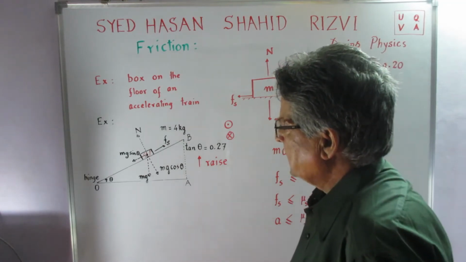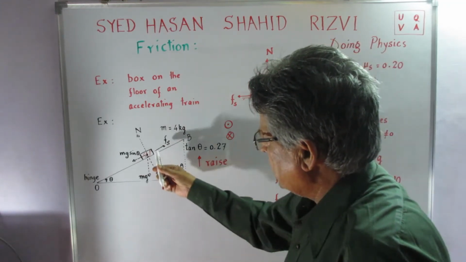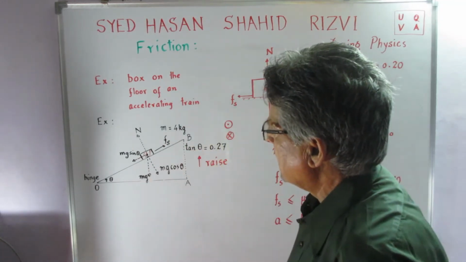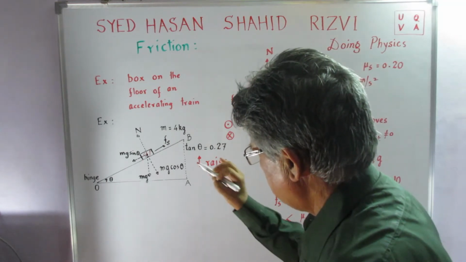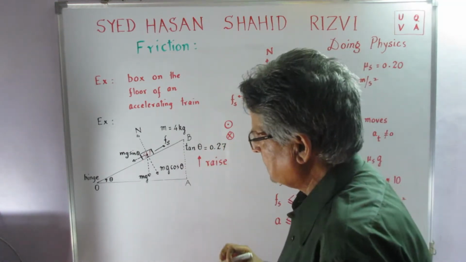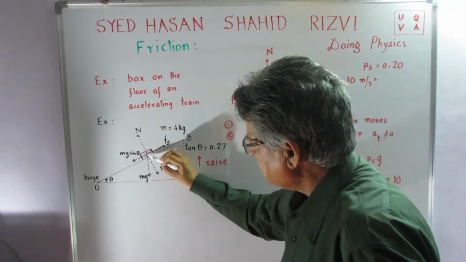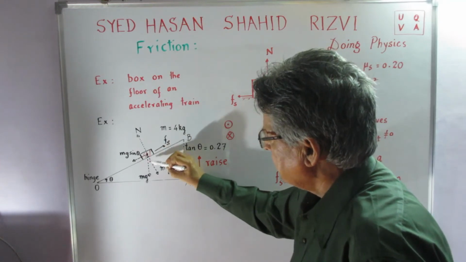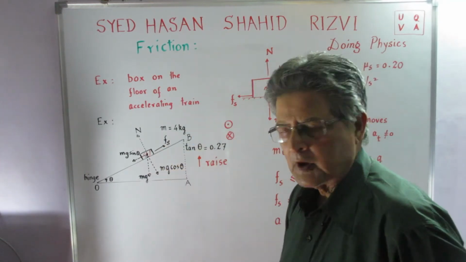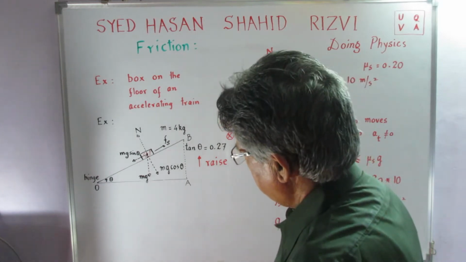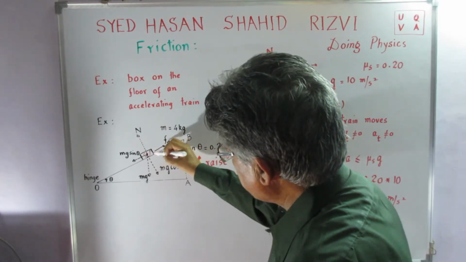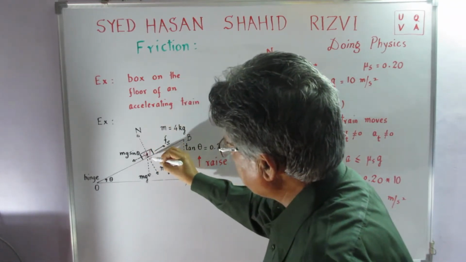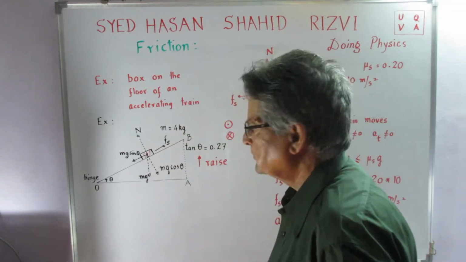So what I find is that there is a geometry associated with it. We have to draw this clearly, the box, and we see that the center of mass of the box, if I take it here, then there is a gravitational pull which is mg, and the surface in contact is here, so there will be a normal force which is perpendicular to the surface.